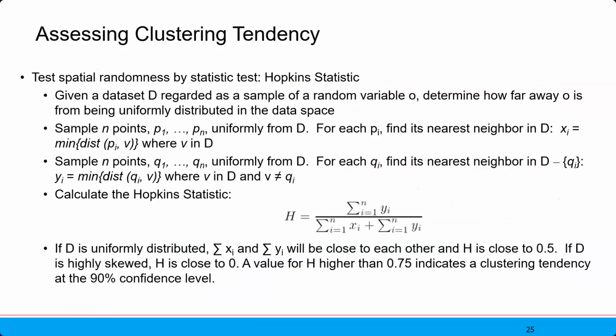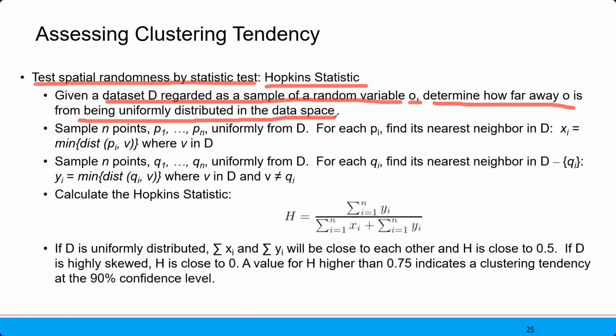One of the assessments of the clustering tendency, we can use the Hopkins statistic. It is to test the spatial randomness by statistical tests. Given a data set T regarded as a sample of random variable O, determine how far away O is from being uniformly distributed in the data space.